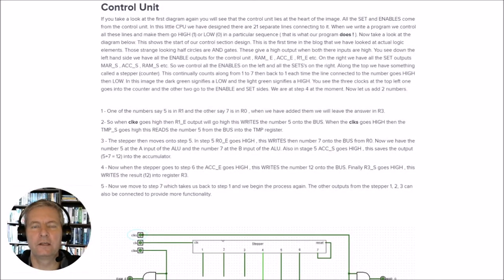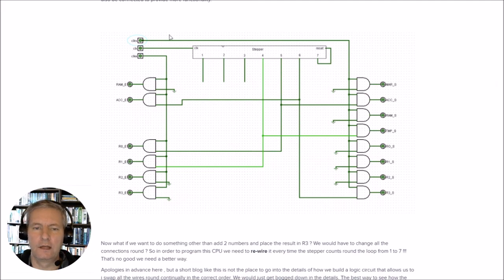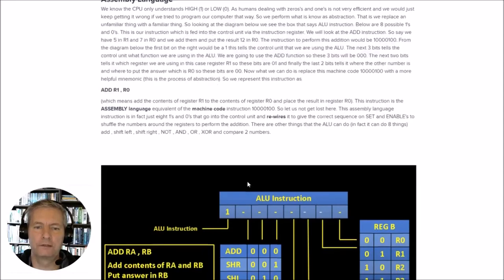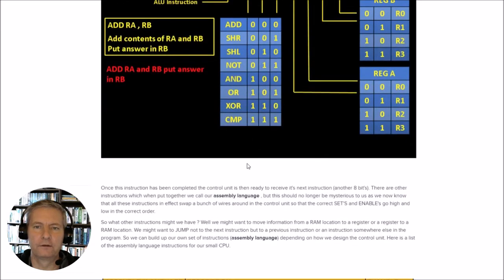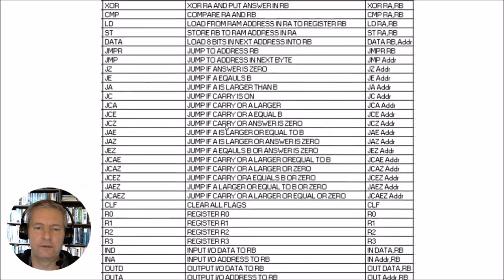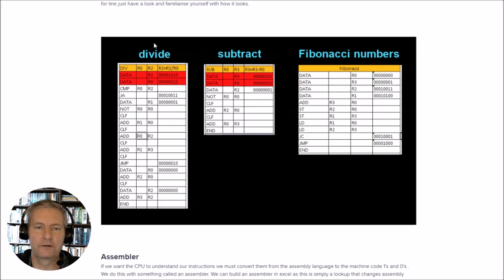So in the second section of this blog, we're going to talk through the control unit. We're going to see the initial design, and we'll work through a far more complex design, and we'll build up our ALU instruction set via the control unit, and we'll build up our assembler in Excel VBA, and we'll work through a few programs, for example a division algorithm, subtraction, and a program that works out the Fibonacci numbers using our own assembly language.